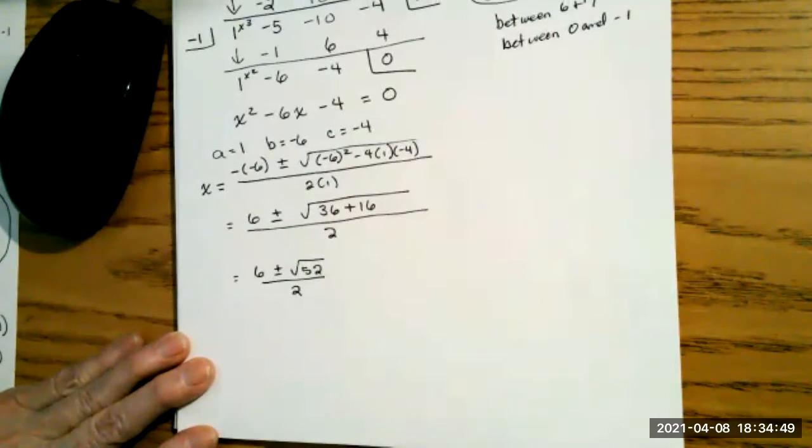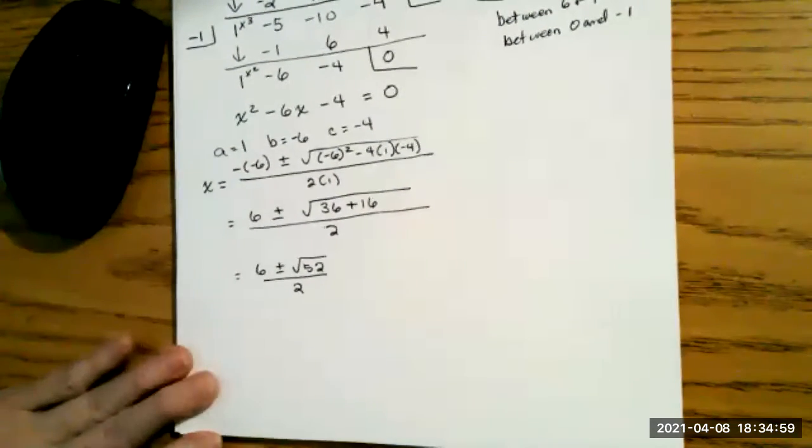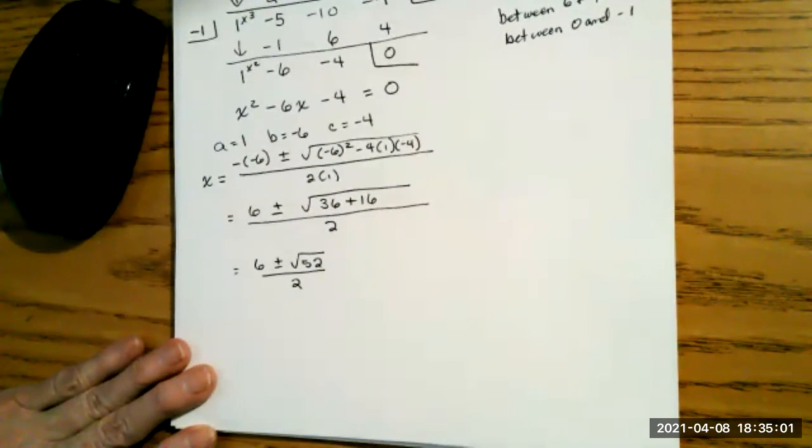52. Is there anything that I can multiply together to get 52 that might be a perfect square? Anybody have an idea? Need to see if I can break that 52 down into perfect squares. What times what is 52?